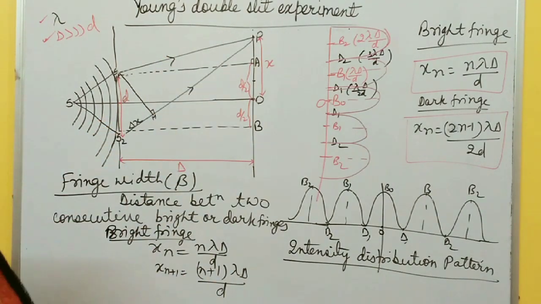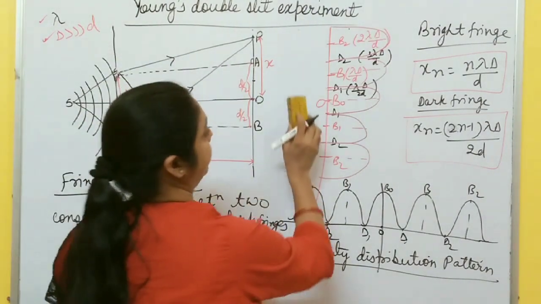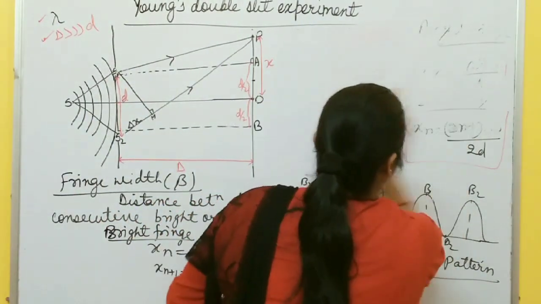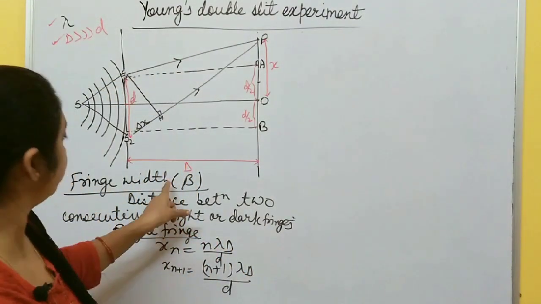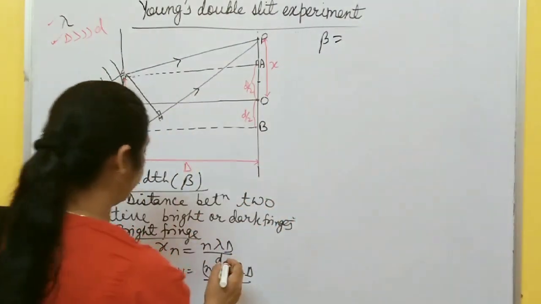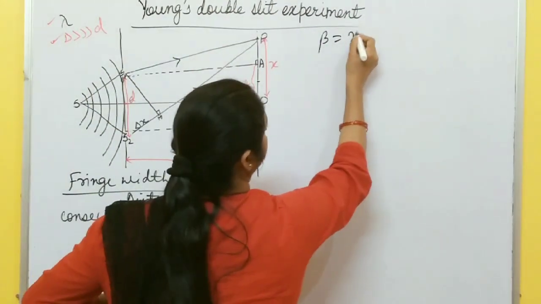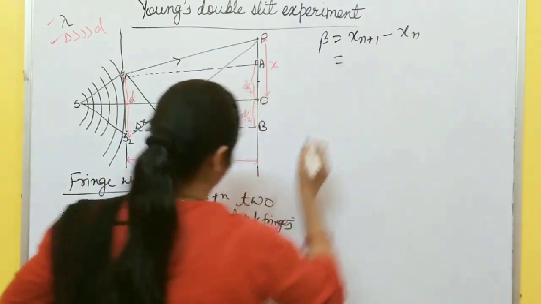First you note down beta. Now this difference between these two is the fringe width beta. So beta is equal to x_(n+1) minus x_n, right?